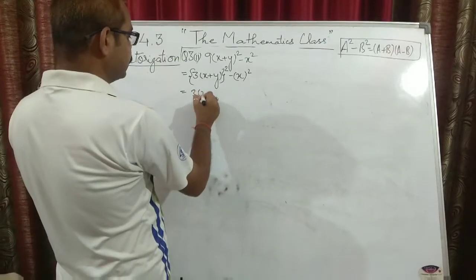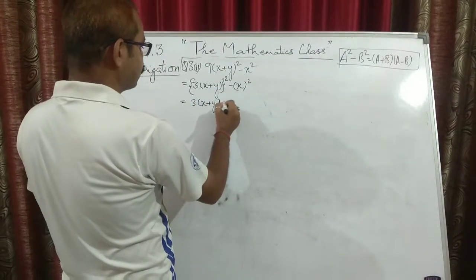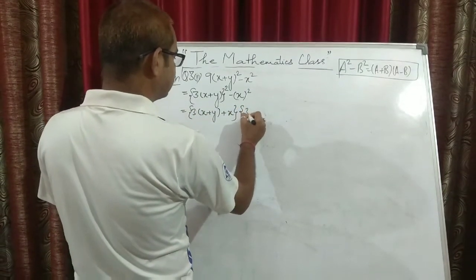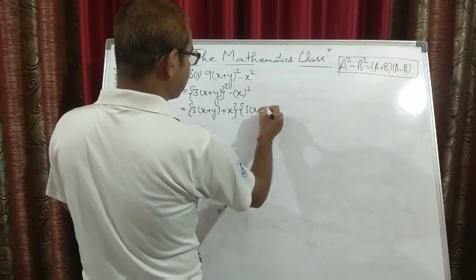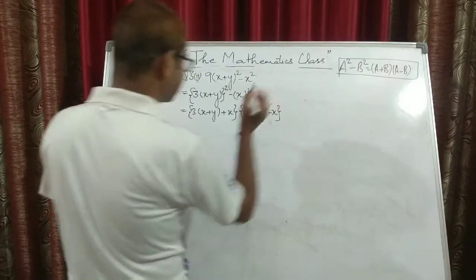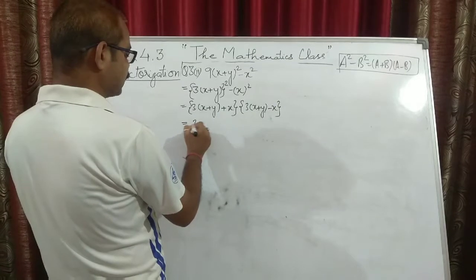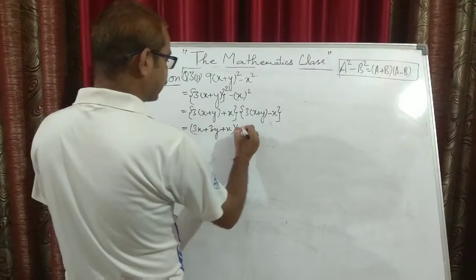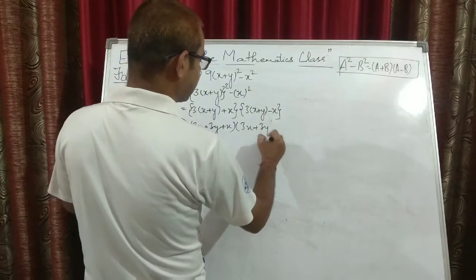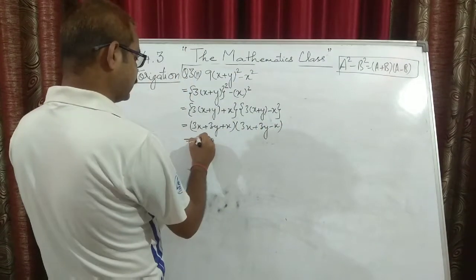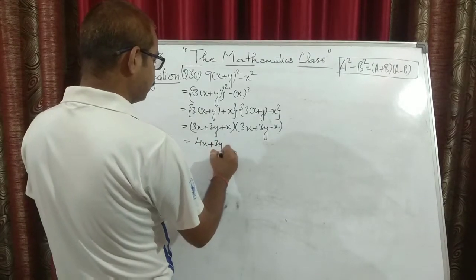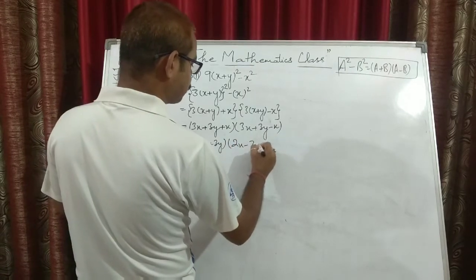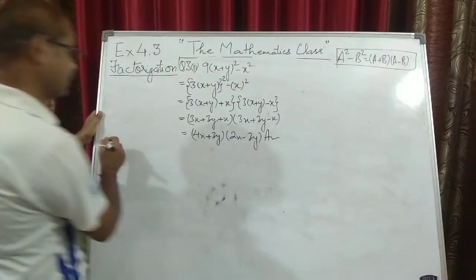So a is 3x plus y plus b, and 3x plus y minus b. That's it. If you want, you can expand it. This can be 3x plus 3y plus x. In the other bracket it will be 3x plus 3y minus x, can be written as 4x plus 3y, and here it can be written as 3 minus 1, that is 2x minus 3y, that is the final value.